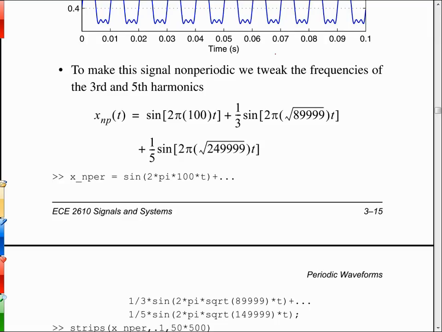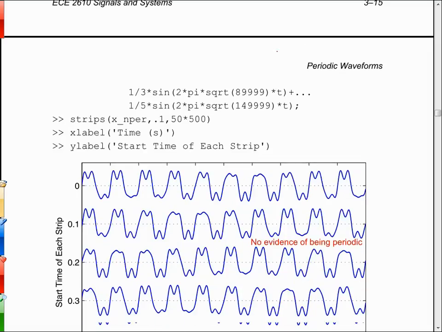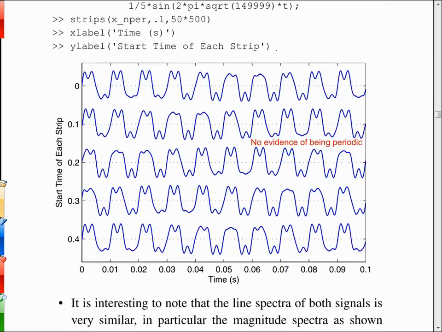Instead of being 90,000 and 250,000, I tweaked them by one integer, and then plotted this out, and it doesn't look so good anymore. Now, because the computer is going to do even a rational approximation, eventually this waveform will repeat, but it's going to take a very, very long time.